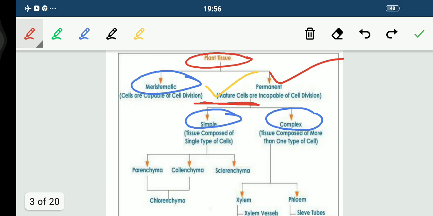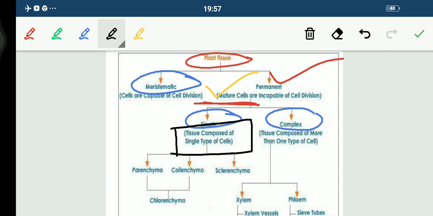Now students, coming to the simple permanent tissue. Simple permanent tissues are the tissues composed of a single type of cell. Only a single type of cell is present. But talking about complex, as the name itself suggests, it means it is composed of more than one type of cell. I hope I am clear with each and every term, students.